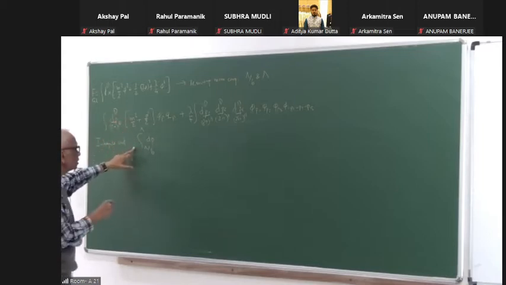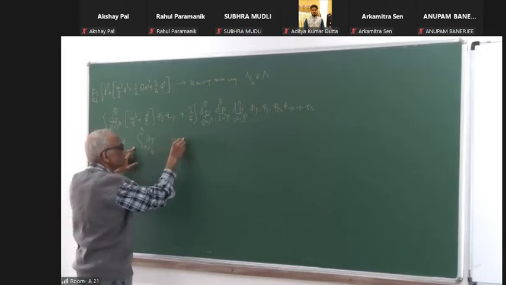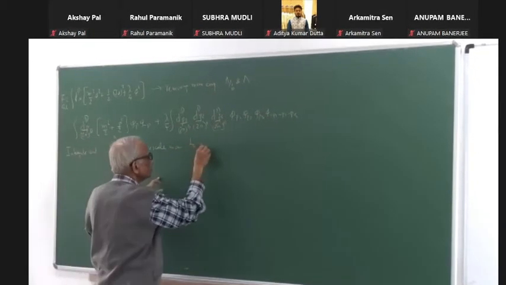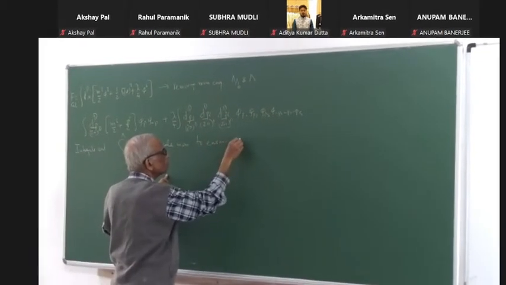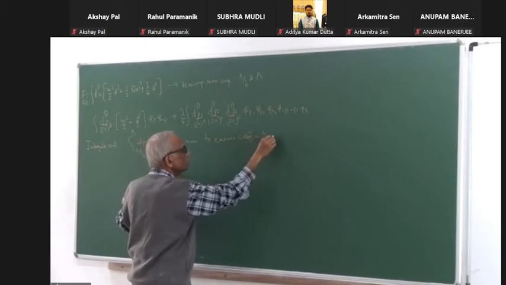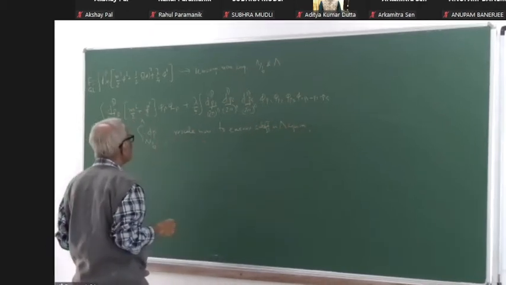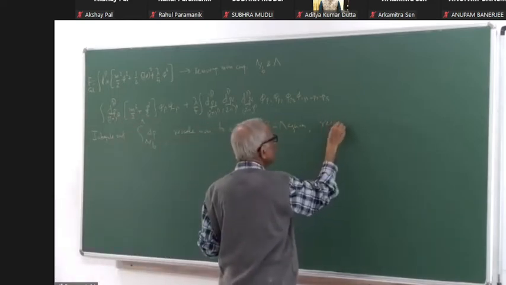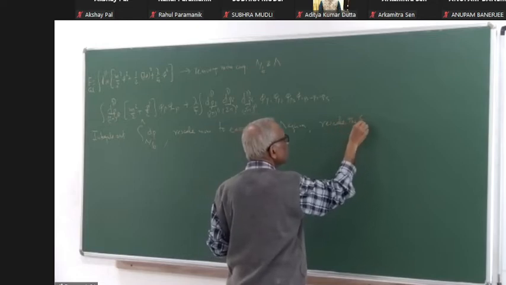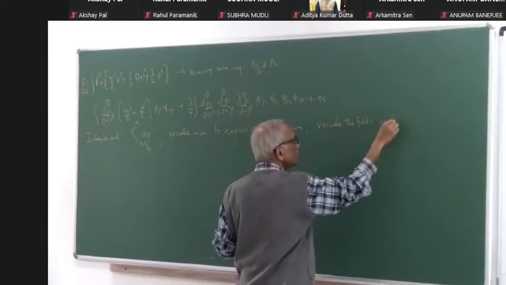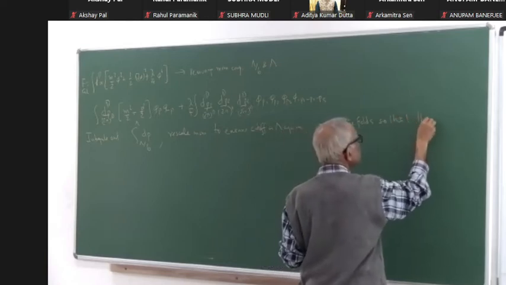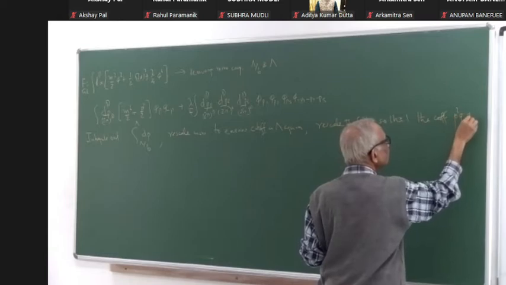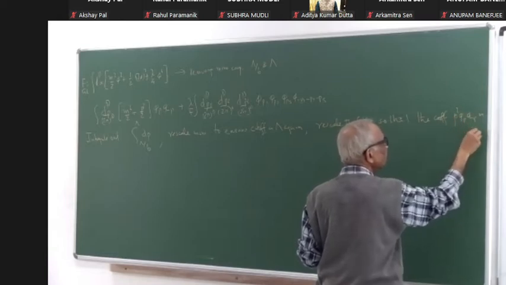First you do that, integrate out this, then rescale momenta to ensure the cutoff is Λ again, so that I can repeat the step. Then you rescale the fields so that the coefficient of p² φ_p φ_-p is half once again.